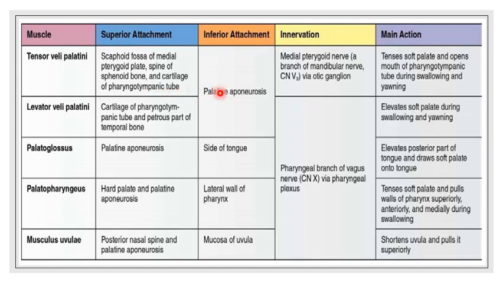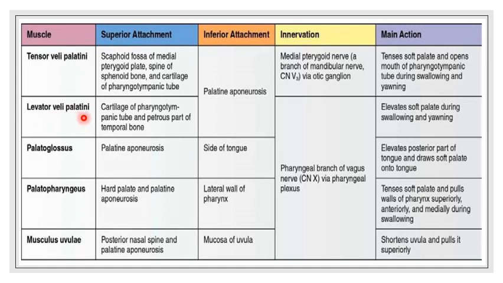It flattens out to form the palatine aponeurosis, which is attached to the posterior border of the hard palate. Its action is to tense the soft palate and open the mouth of the pharyngotympanic tube during swallowing and yawning, and equalize air pressure between the nasopharynx and middle ear.